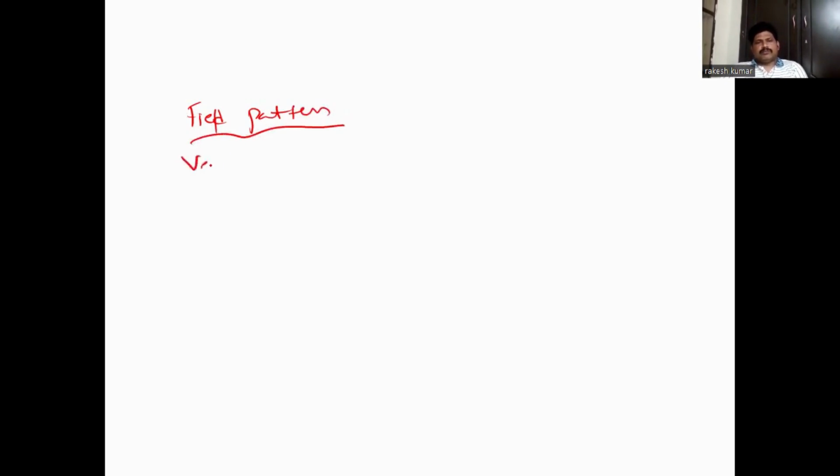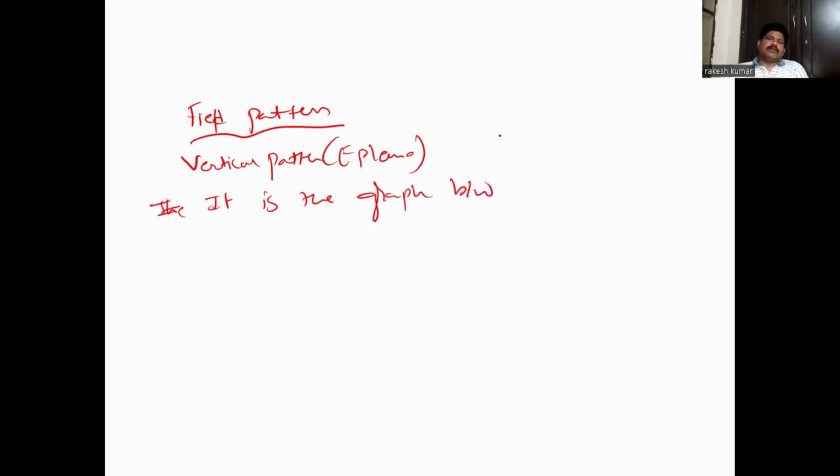The vertical pattern, or E plane pattern, we have discussed in the first unit. It is the graph between normalized field versus theta, keeping phi as constant.